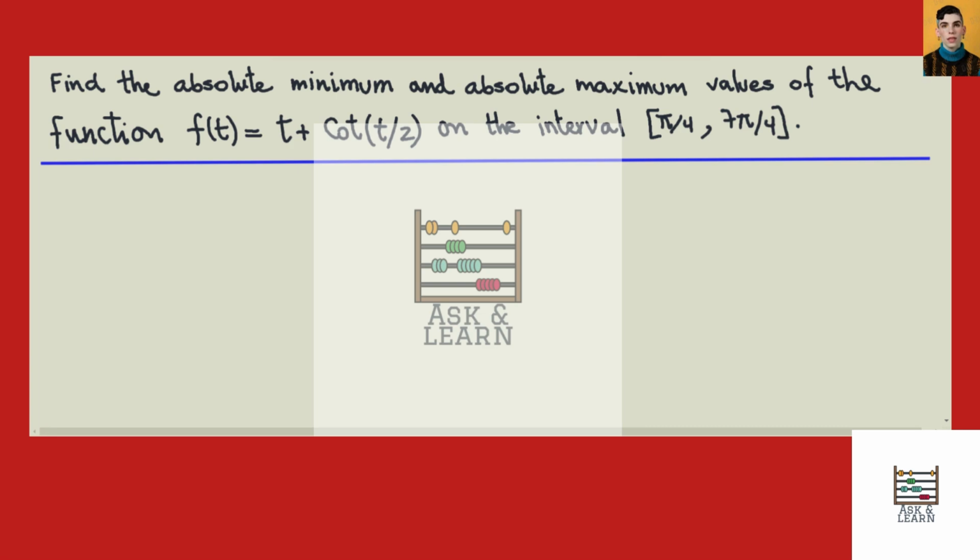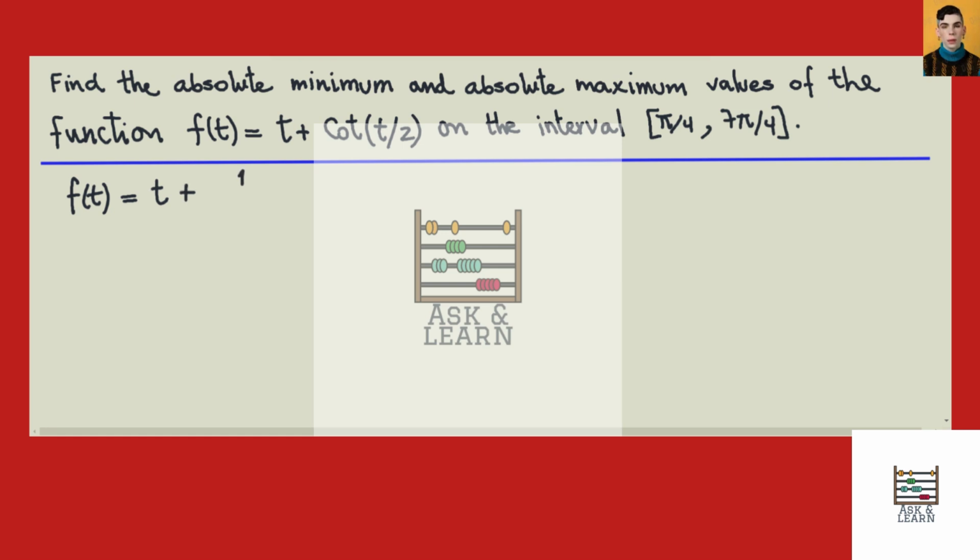Let's find the absolute minimum and absolute maximum values of the function f of t equal t plus cotangent of t half on the interval pi fourth to 7 pi fourth. So first we're going to remember the definition of cotangent of t half.